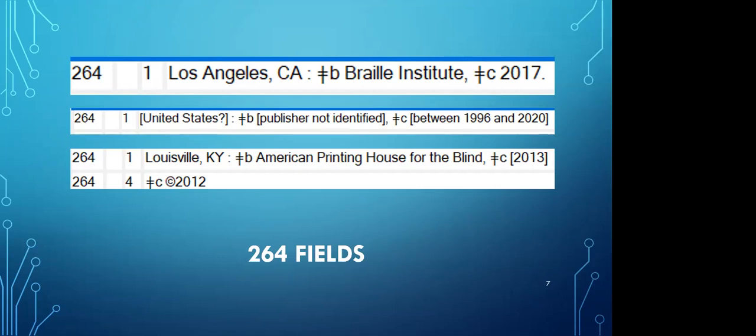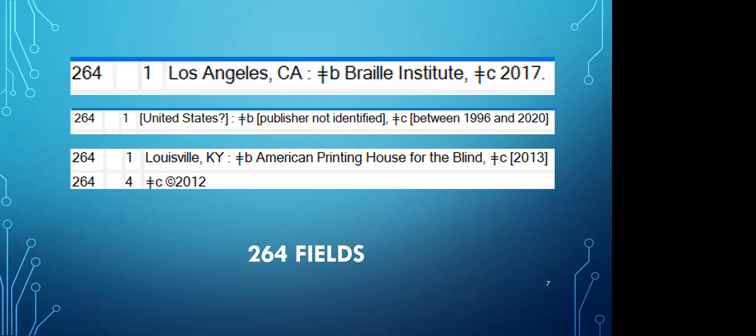In the second example, there was very little information on the item. The publication date between 1996 and 2020 is an estimated range of dates. The 1996 date is the original print version publication date. And I know that the library received these donated books in 2020 or before 2020, so I use between 1996 and 2020 as the questionable dates.